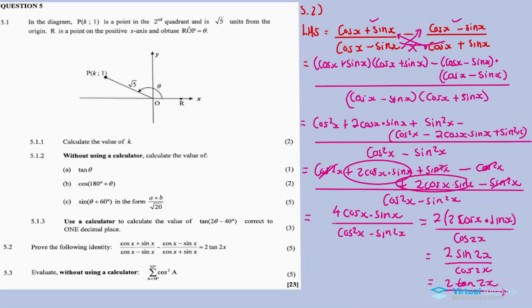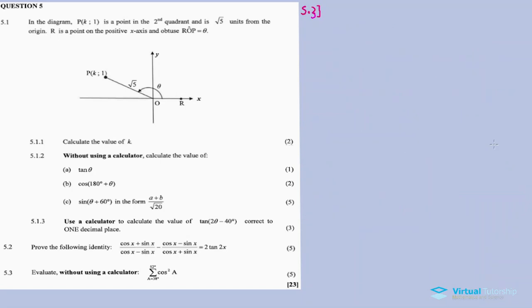5.3, evaluate without using a calculator. All right, so let us erase and do 5.3. Here we evaluate without using a calculator. This is sigma notation, right?